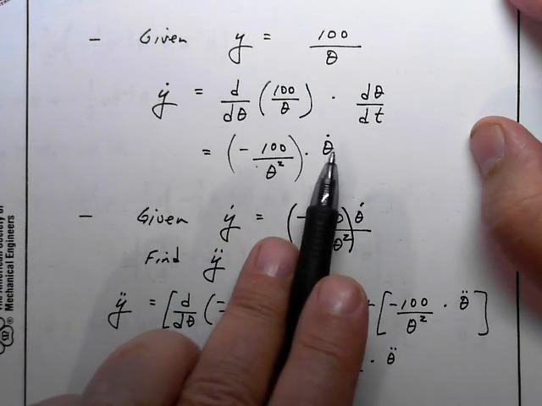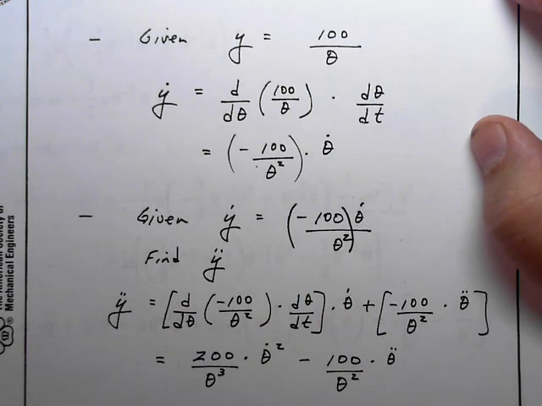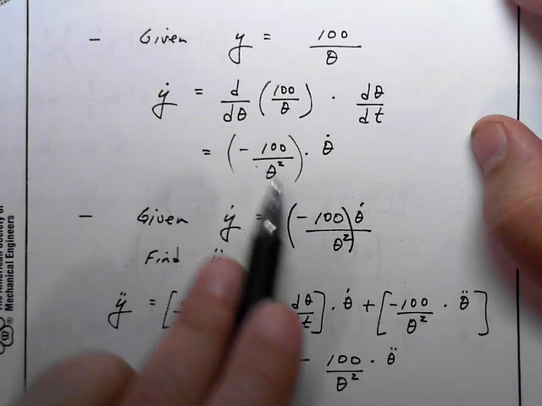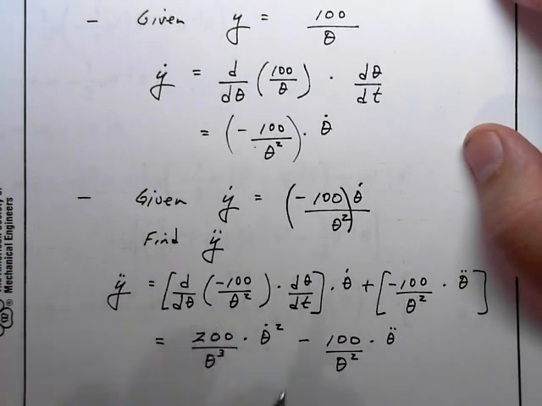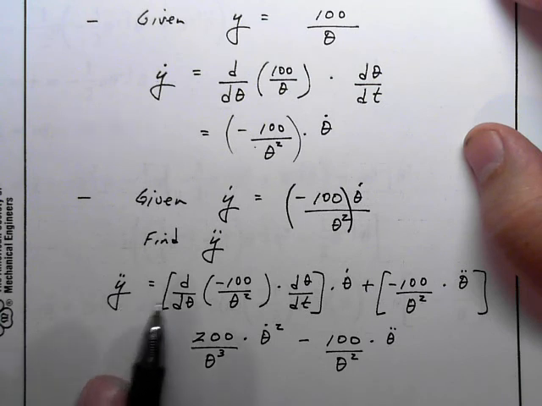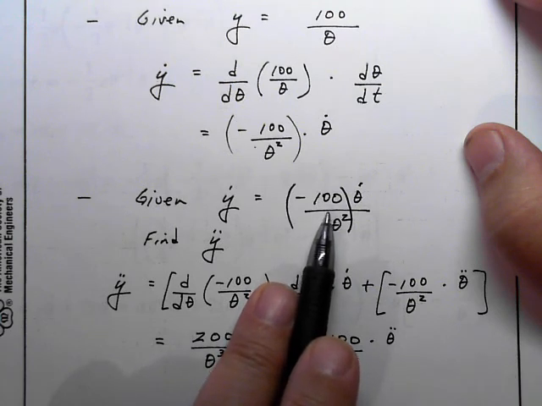Then take the derivative of the second piece with respect to time, multiplying by the first piece. We will do that. So if our y dot, dropping straight down from above, is this, then y double dot is going to be the derivative of this first piece with respect to time. But we're going to do that in two pieces because we're going to take a derivative with respect to theta and then multiply by theta dot.